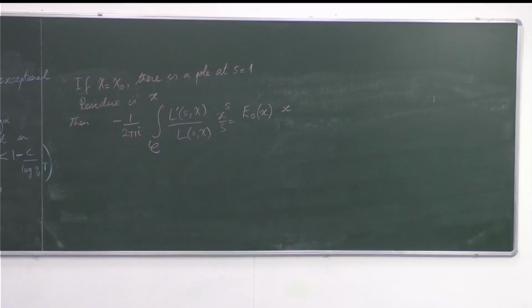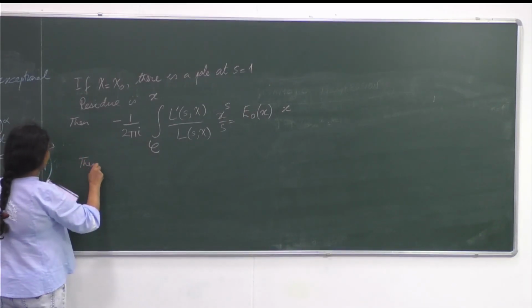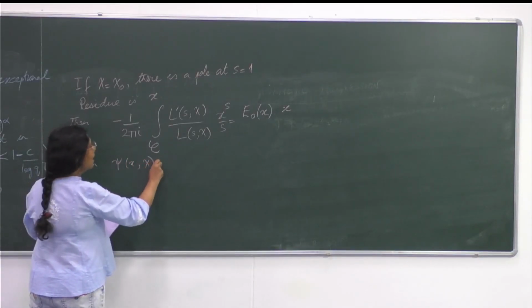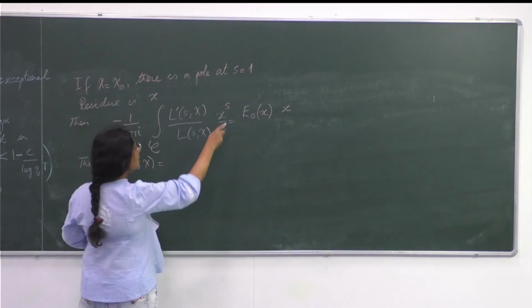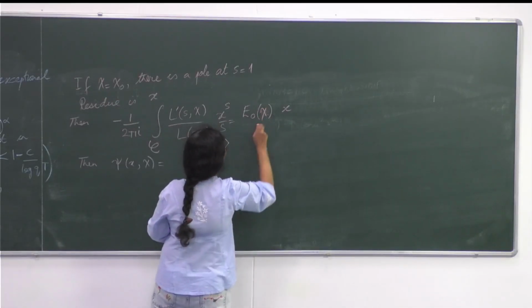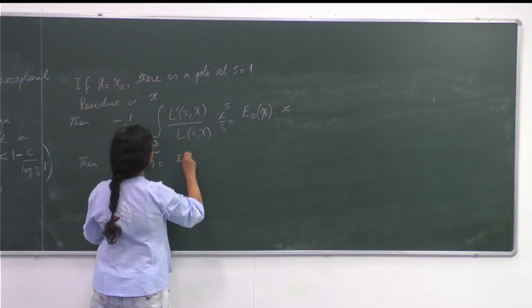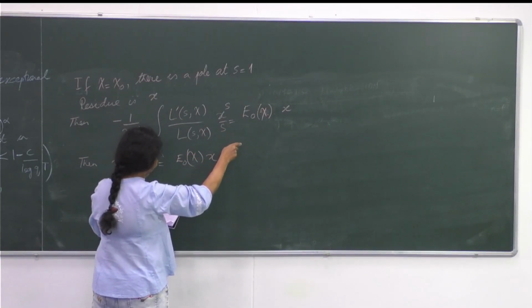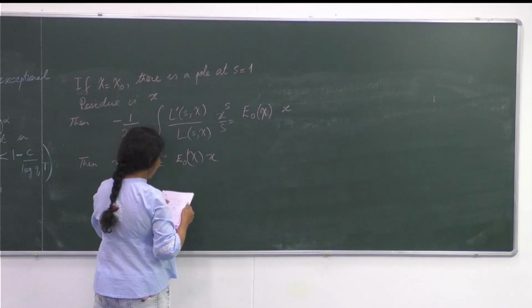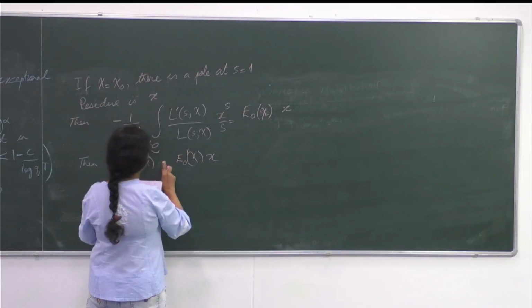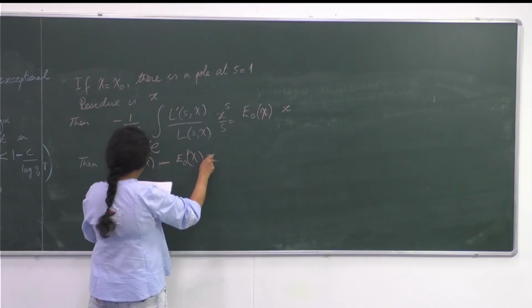So the explicit formula can now be written as psi x chi is equal to E0 chi x, and let's remove this main term.